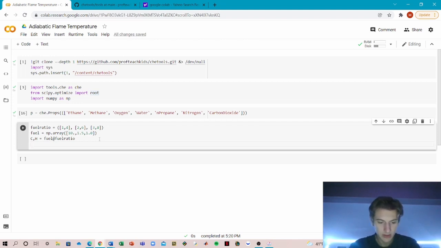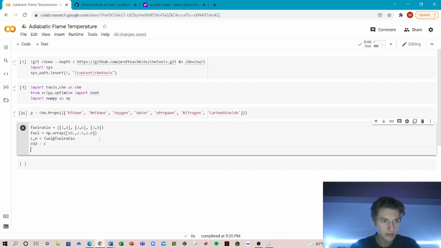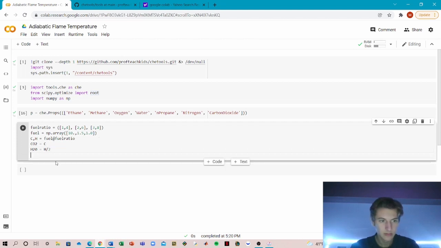Now we need to do the CO2 equals C. We do the H2O equals H over 2.